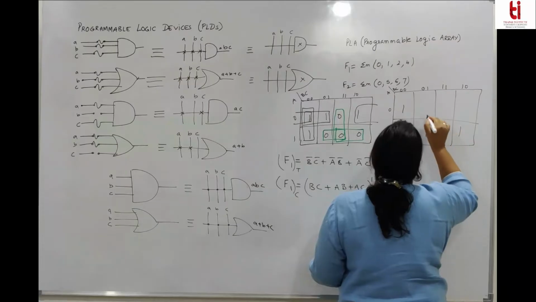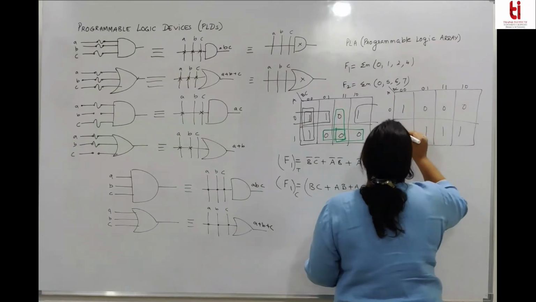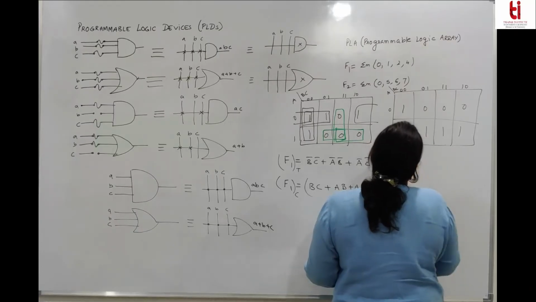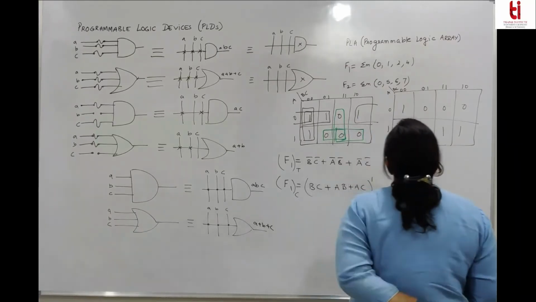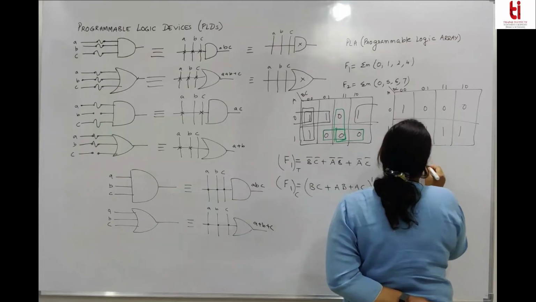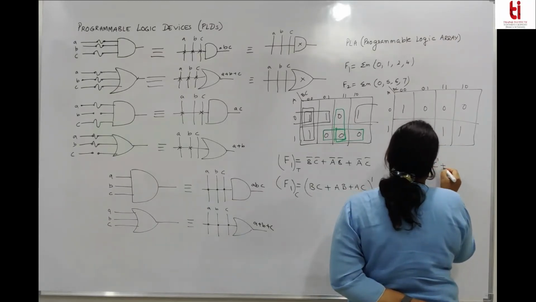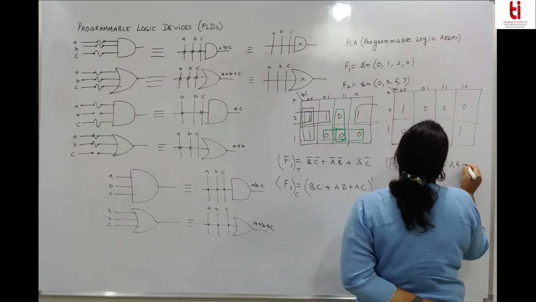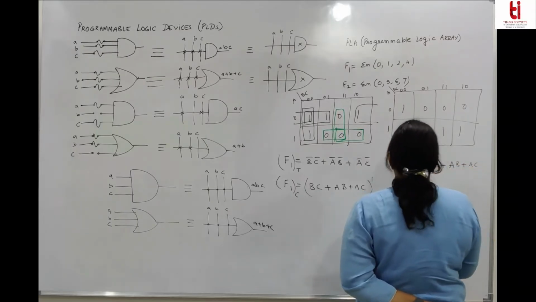5, 6, 7. F2. So what is F2? It's A bar B bar C bar. Then you have AB and AC. This is F2.